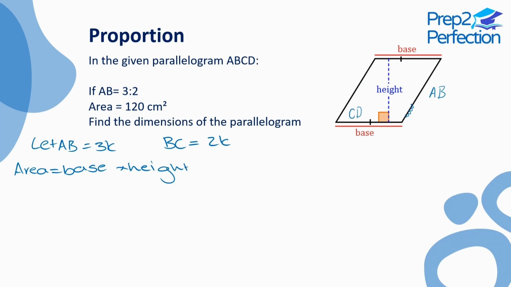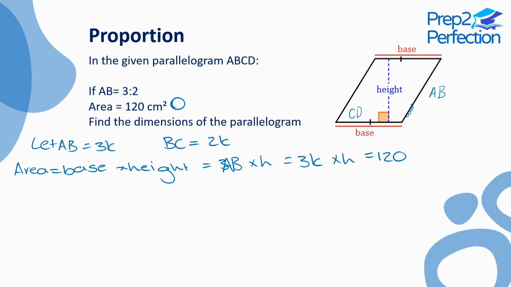But instead of base, we're going to use AB because we're given it here. So area is equal to AB times height, and this will equal 3K times height, which we know equals 120 because the area is given here.